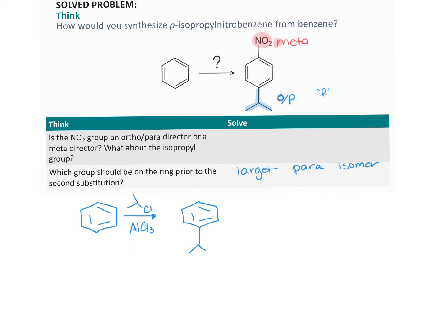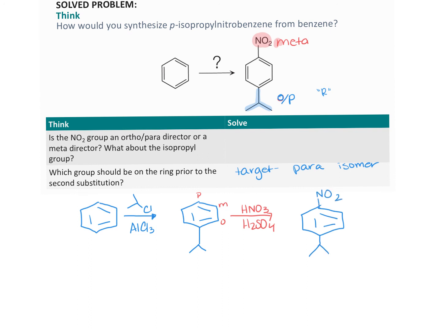Knowing that that's an ortho-para director, I look at ortho, meta, para. Now, when I add HNO3 with H2SO4, that will add in the para position. It'll also add in the ortho position, but what we're asked for here is the para, so that's all we're going to show.